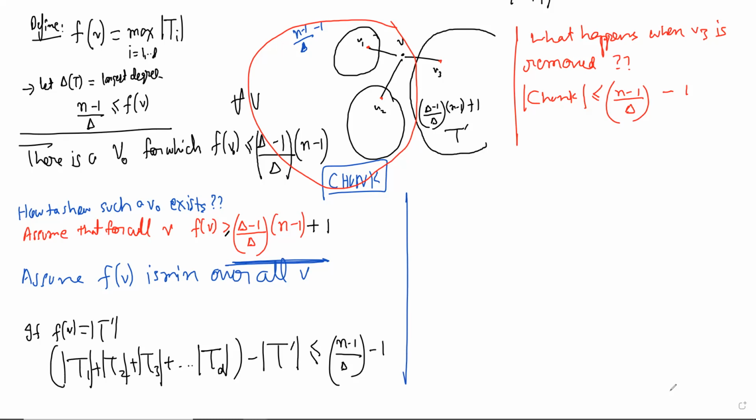Yeah, that is the claim that we want to make, right? So the claim is f of v3 is equal to the size of the chunk.